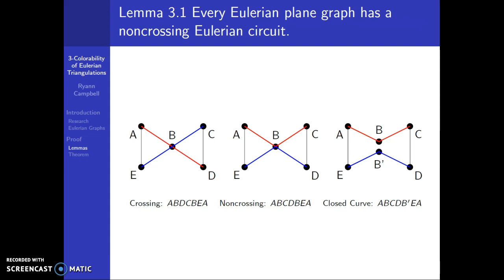Lemma 3.1 allows us to repeat this process at every vertex with degree higher than 2. And of course, since these are Eulerian circuits, every vertex with degree higher than 2 has a degree of 4 or 6 or 8, some multiple of 2.